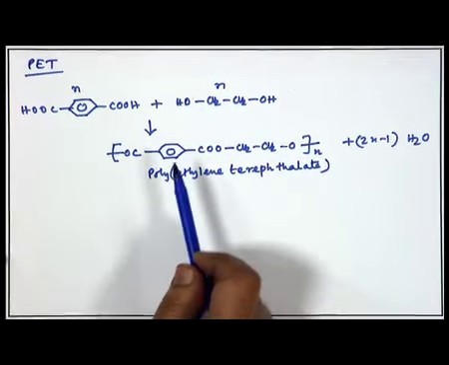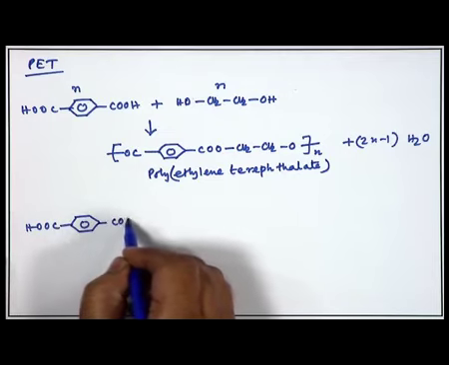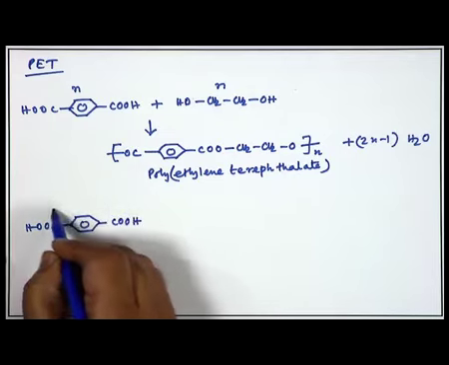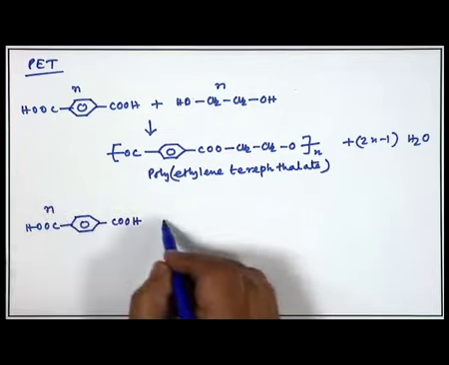Now, say I have the same terephthalic acid N number, plus I have N by 2 ethylene glycol and plus say N by 2 butene glycol.